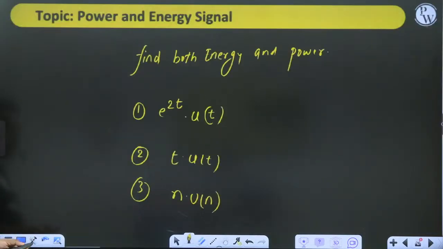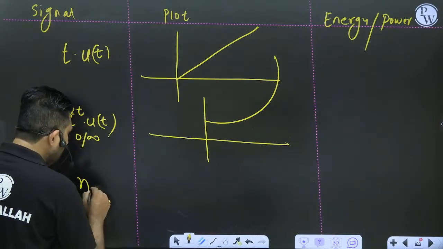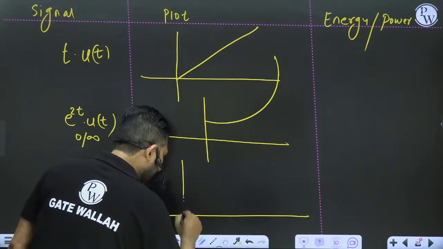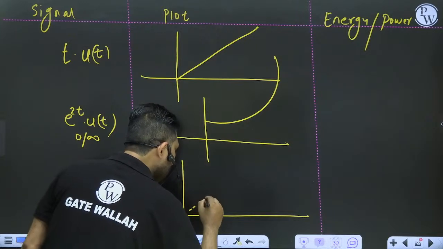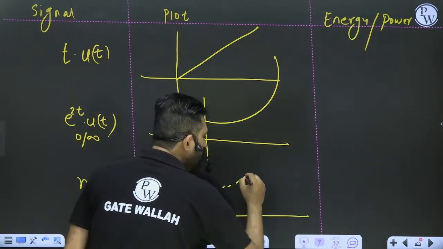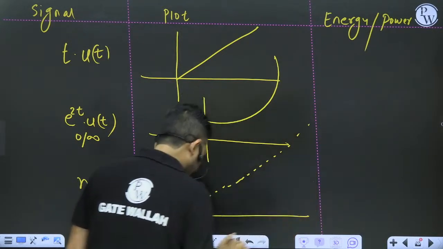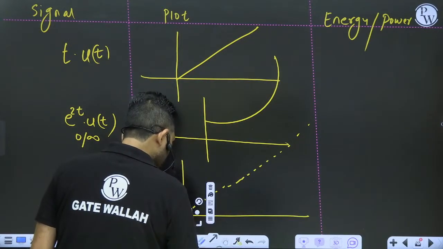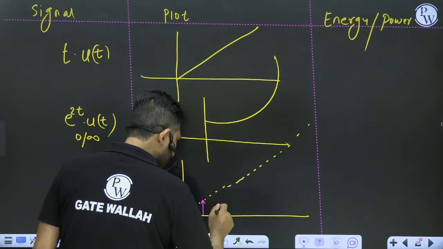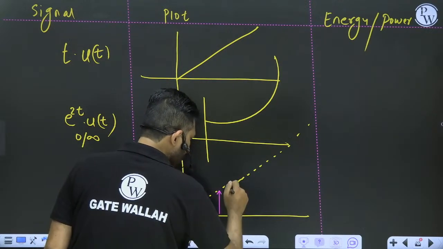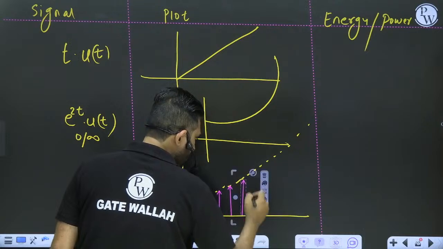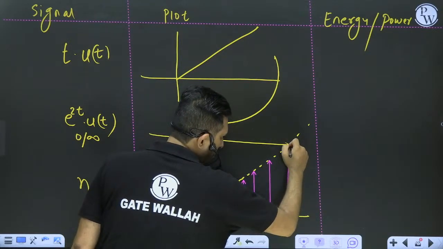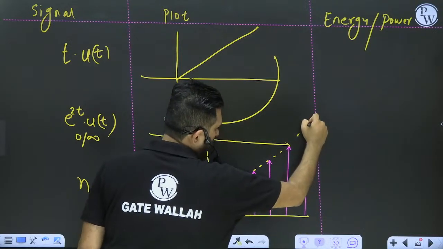And another one was n u(n). n u(n) is just a sampled version of this function. Means that I will have this kind of function, and so on.